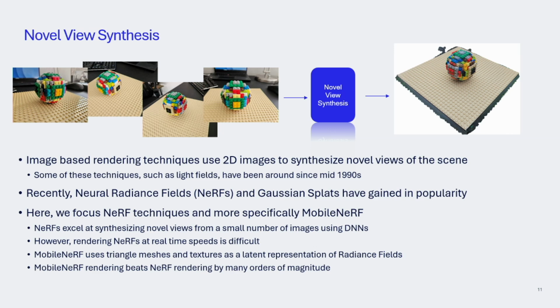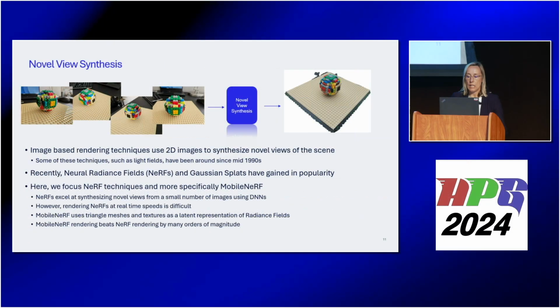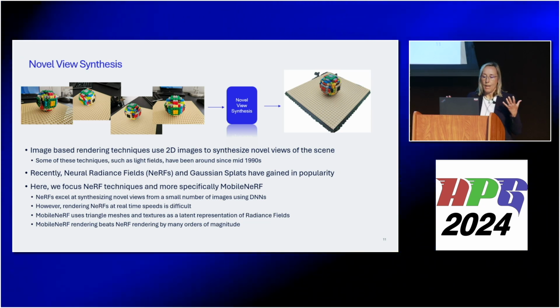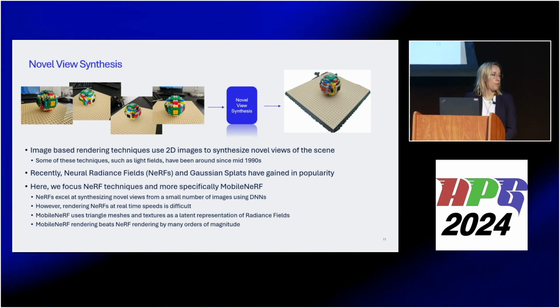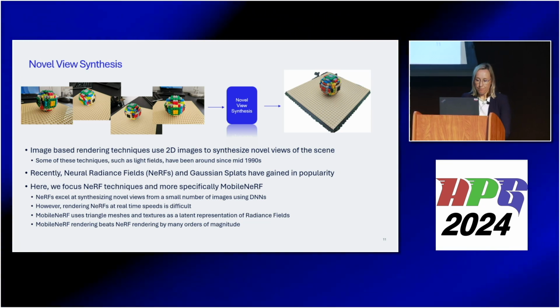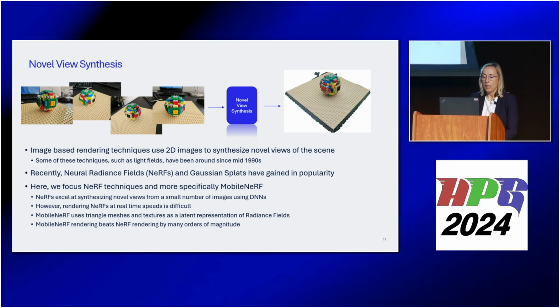And for each of those points, we have to then invoke an MLP, which is a small neural network. That can lead to thousands, millions of inferences per frame, which is very expensive.